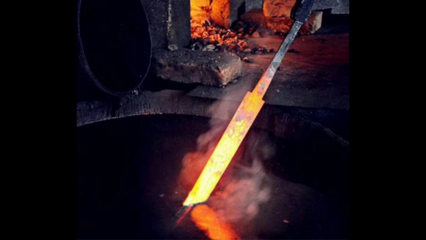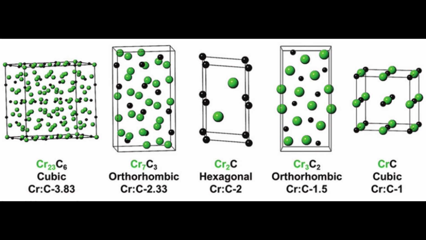But now you've quenched it in say water or oil. You've cooled it down very rapidly. Now you've trapped an excess of carbon in the lattice, and you've distorted the crystalline structure into something other than body center cubic. Typically in a crystalline structure, it's going to be probably orthorhombic.